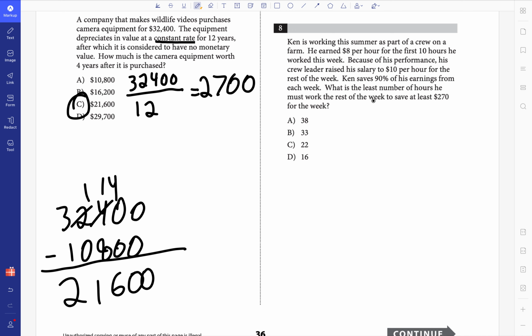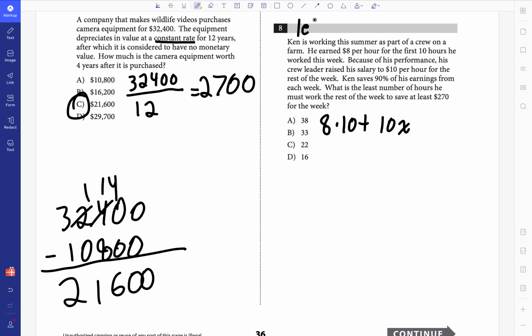I've already read this, so I'm not going to read it aloud. But the key note is that let's just set this up as an inequality. So he made 8 times $10, the first $8 per hour for the first 10 hours, plus $10 per hour times x.